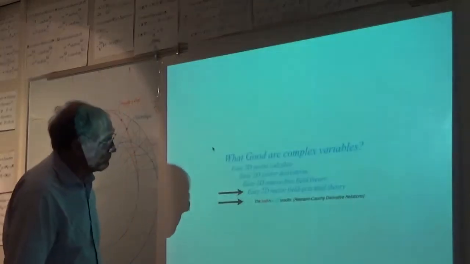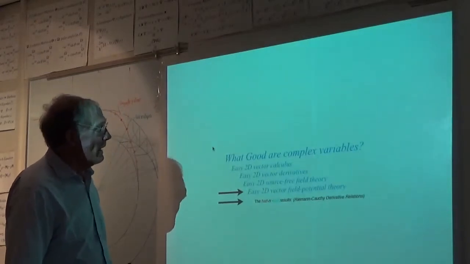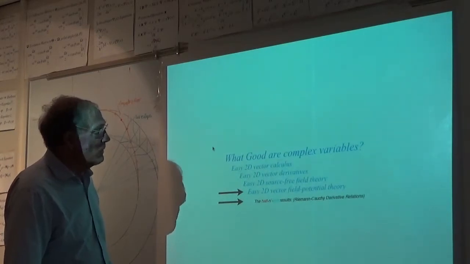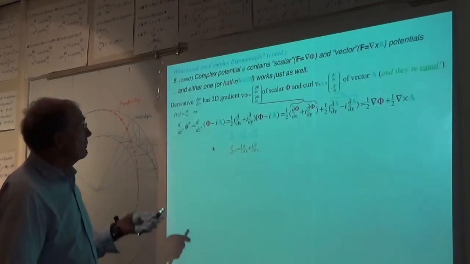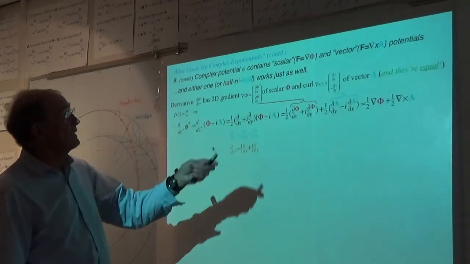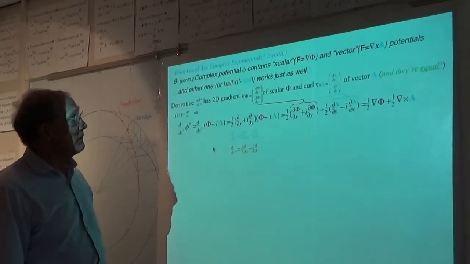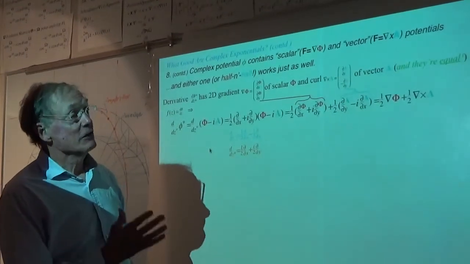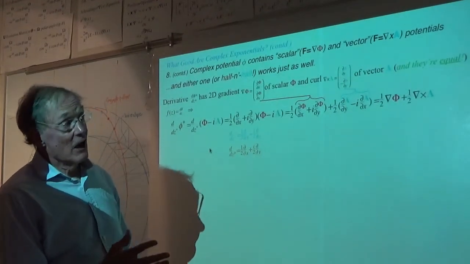So at this point, I think it's probably a good idea to pause, and we'll go on next time into really looking at the mechanics of this relationship between potentials, fields, and a coordinate system.